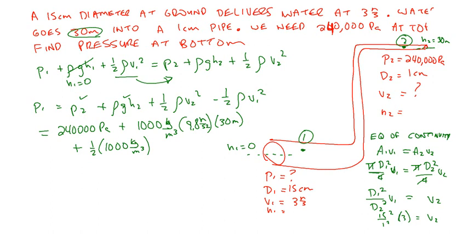so that'd be 225 times 3 is 675 meters per second there.